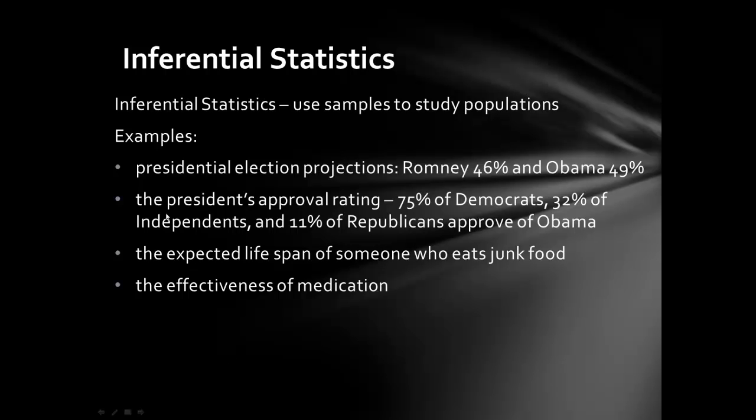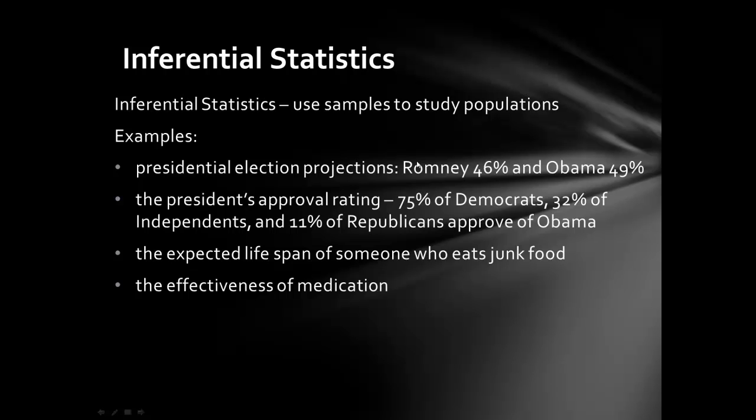So the presidential election projections, not the actual results, but all those Gallup poll findings that were reported in the news. Well, they suspected that Mitt Romney would get 46% of the popular vote, and Obama would get 49% of the popular vote. But if you actually compare that to the election results, they really underestimated both of the candidates.